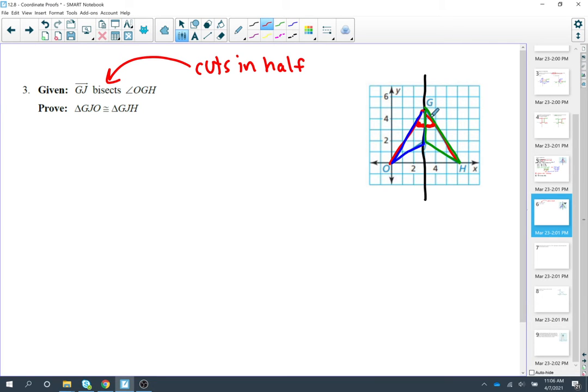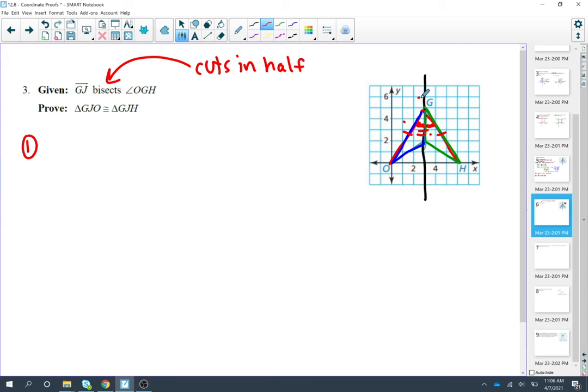I already know because of that bisect that this angle is congruent to this angle. So the next thing I'm thinking is maybe I could prove that this side is congruent to this side and that this side is congruent to itself. So we're going to do this by side, angle, side. The first thing I need is one of the sides, and I'm going to start with the easiest side.